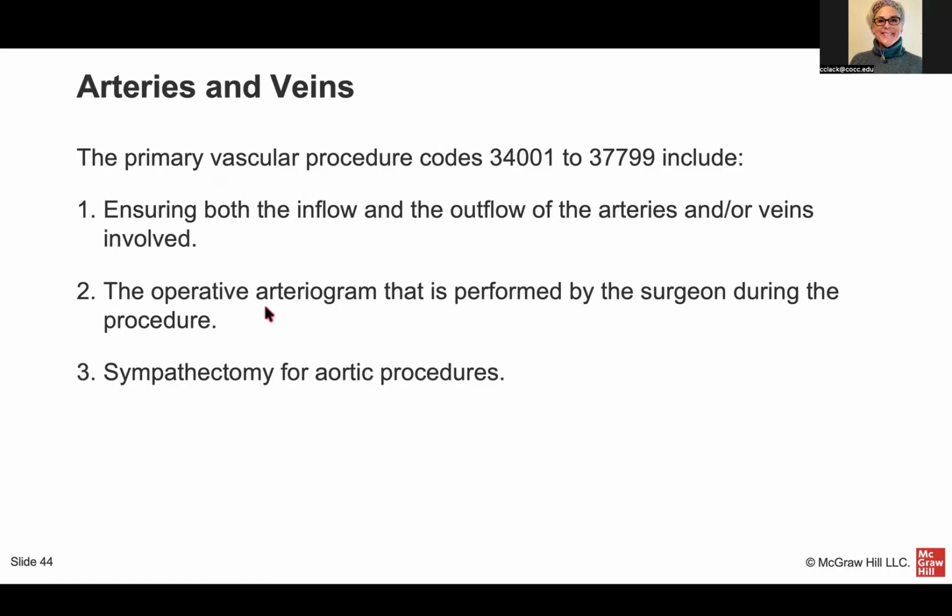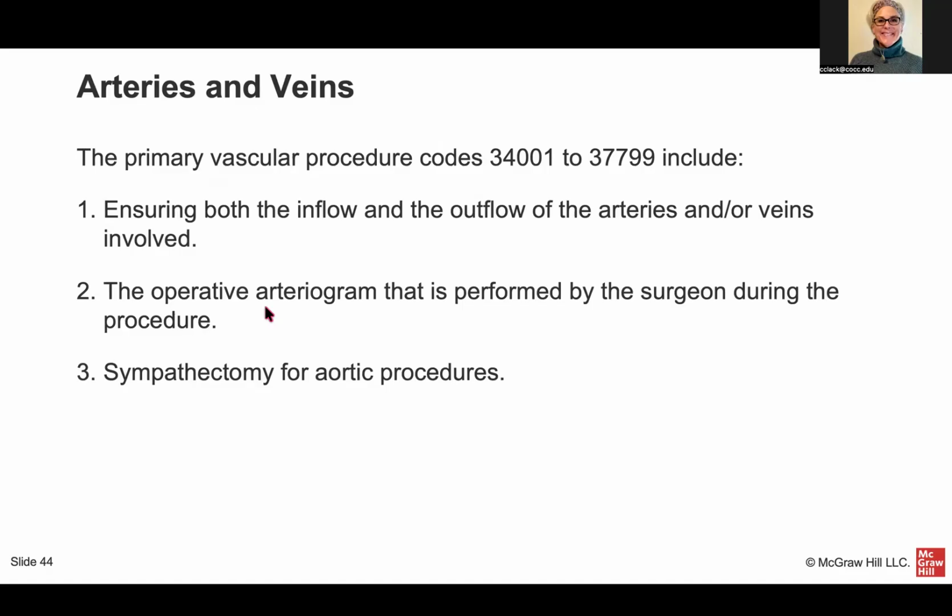For the primary vascular procedure codes in the range 34001 to 37799, CPT guides specifically what's always included. Three things are bundled in. First, ensuring the inflow and outflow of the arteries and veins involved, so the surgeon's responsibility for making the repair work in both directions is part of the code.